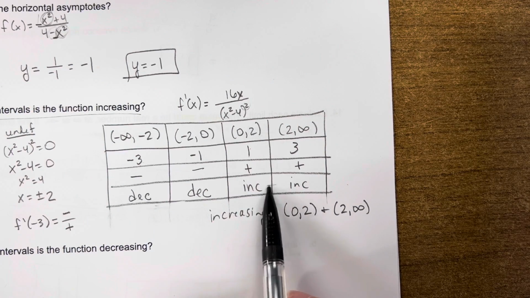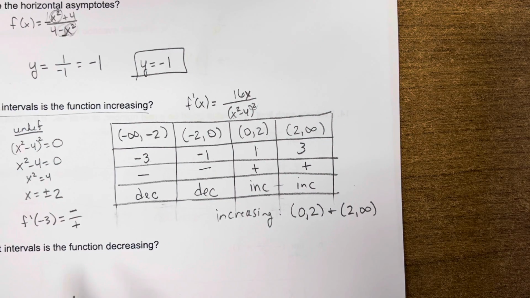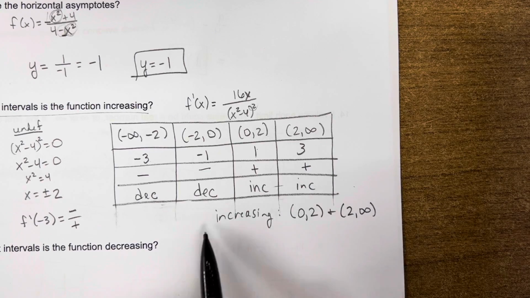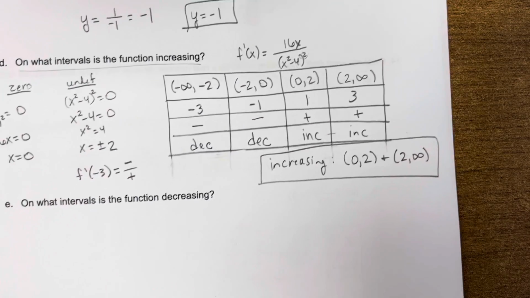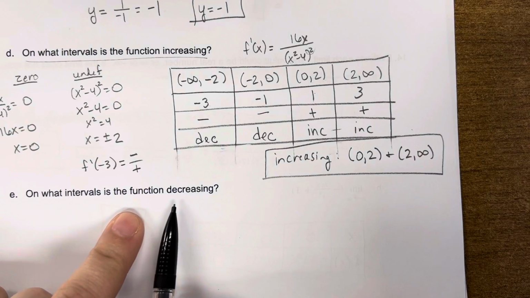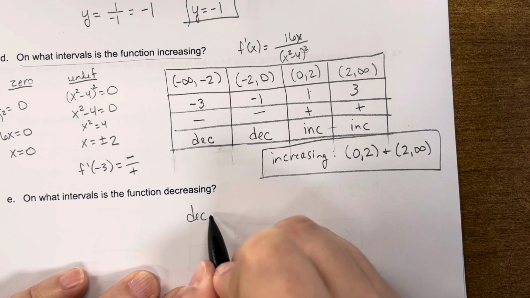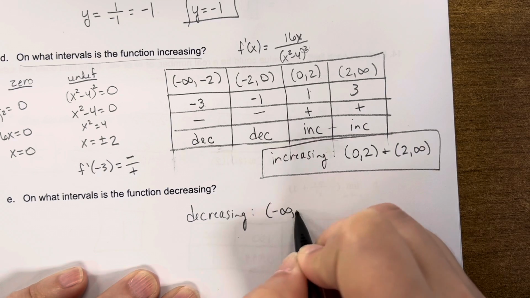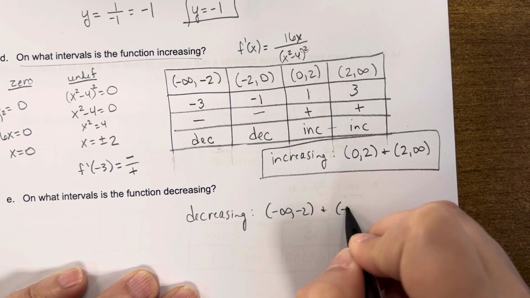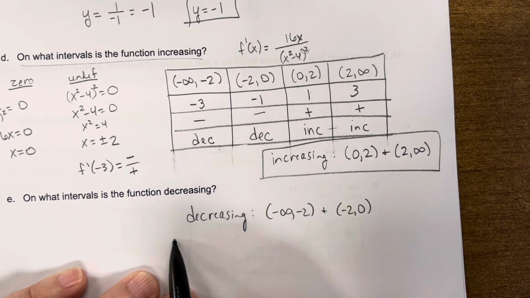That's where it's flattening out. It has a slope of 0. So don't list it as that. You need to list it as 2 separate intervals. Okay, so then when is it decreasing? Well, I already know that answer. It's decreasing from negative infinity up to -2, and from -2 up to 0.